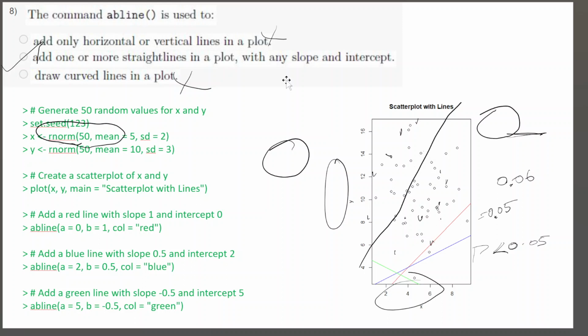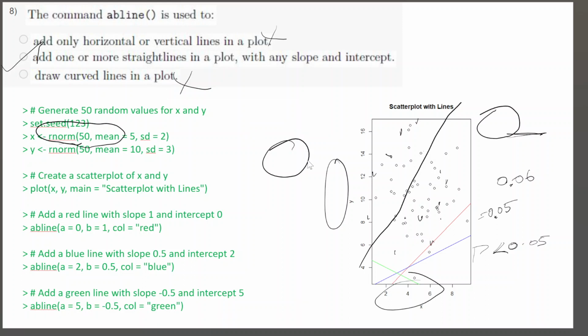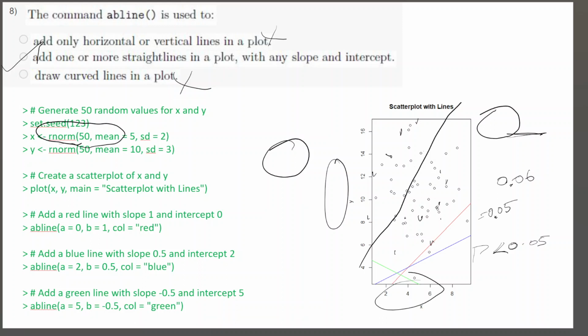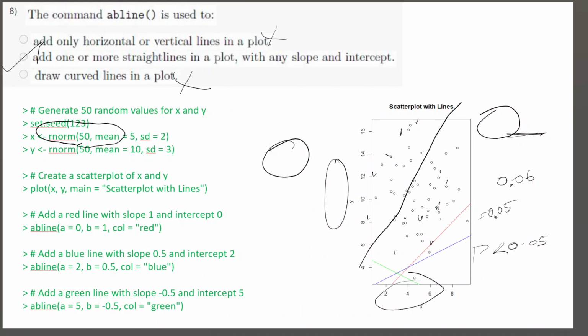We have generated a sample. Here I have generated a sample plot using 50 random variables.